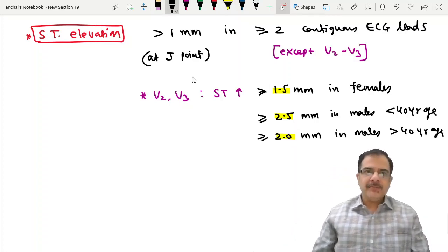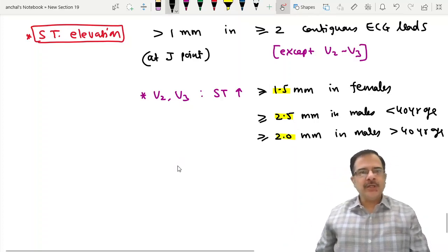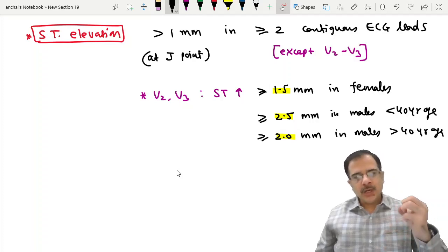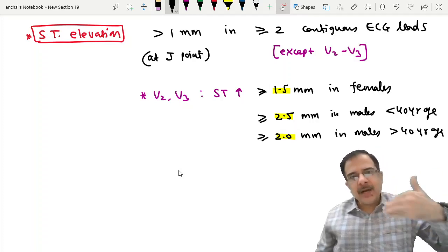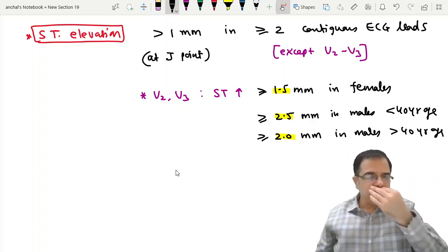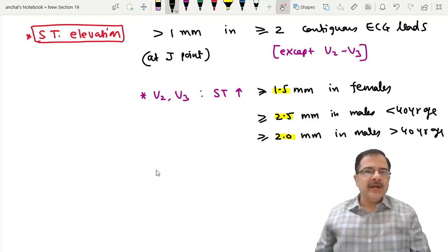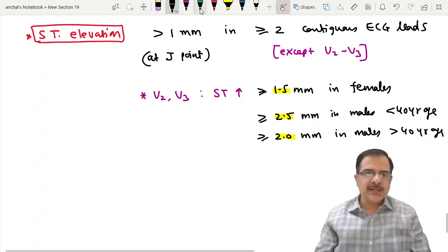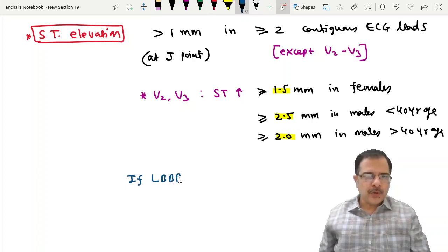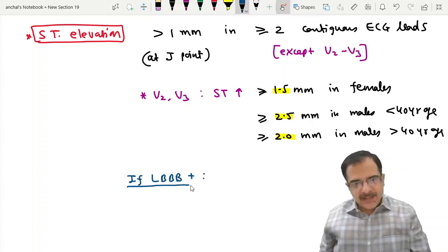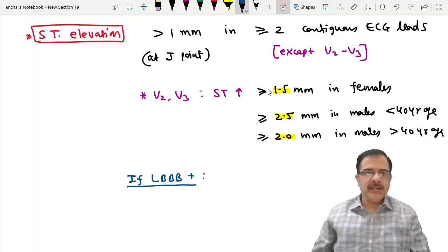Now there might be a viva question: what about the presence of left bundle branch block? What will be the significant ST elevation if left bundle branch block is present? If left bundle branch block is present, the criteria for ST elevation are slightly different.